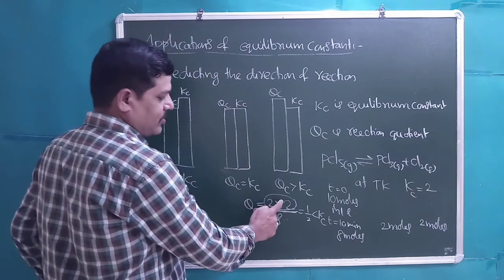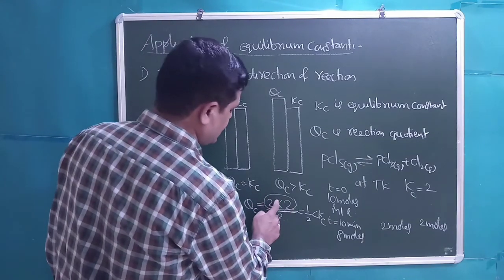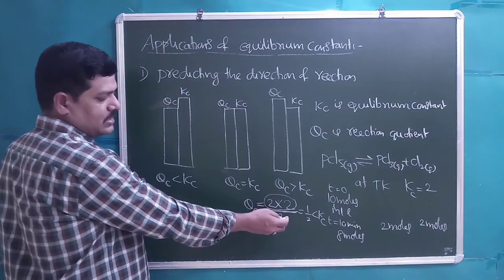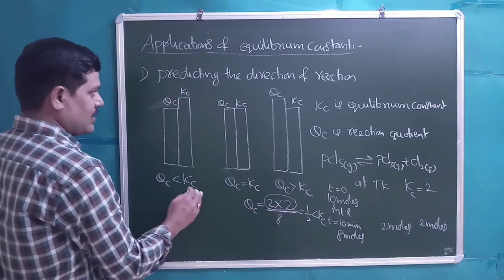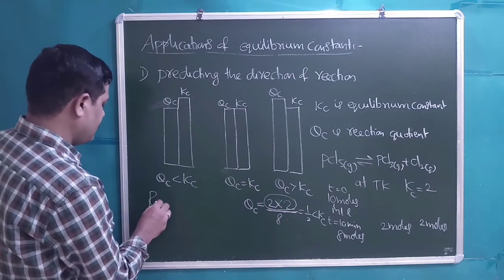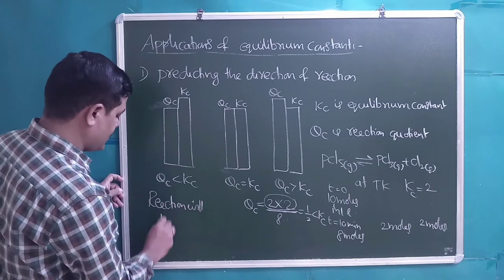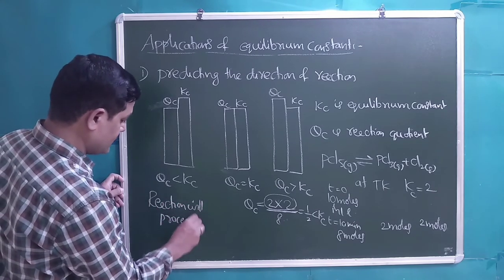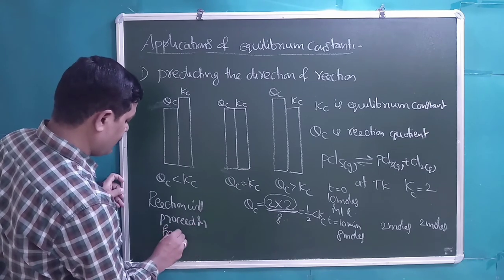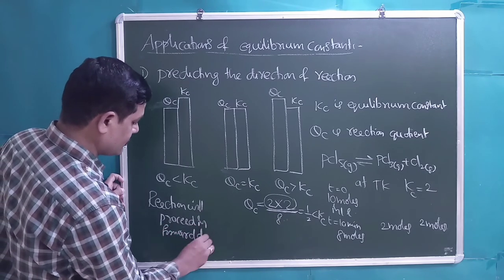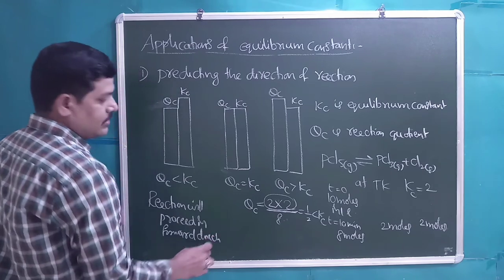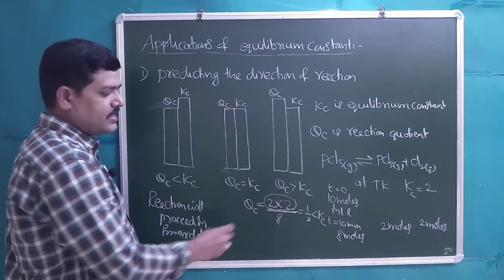The numerator is for the products, so the product concentration is relatively lesser than the concentration of the reactants. So the reaction will proceed in the forward direction.